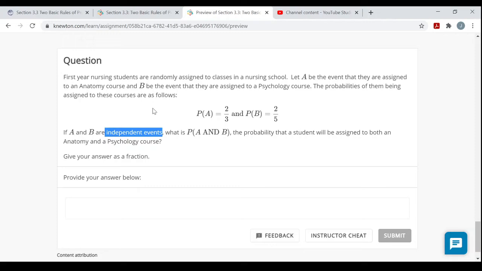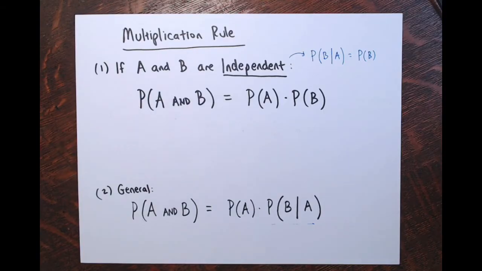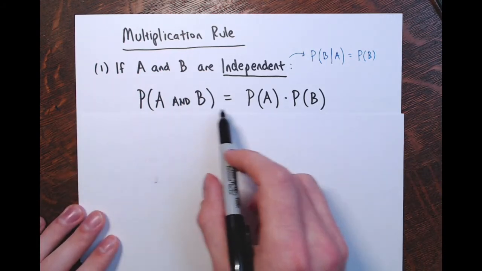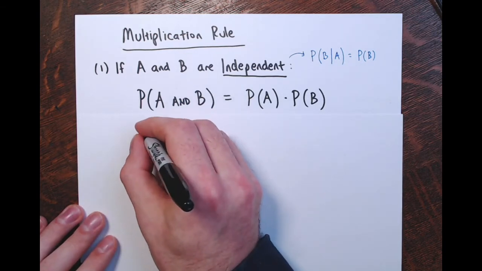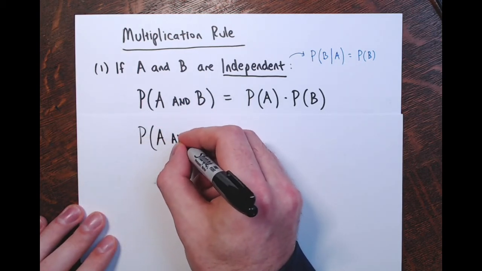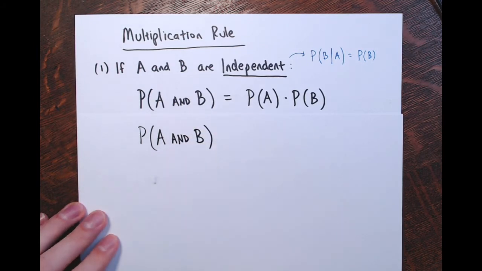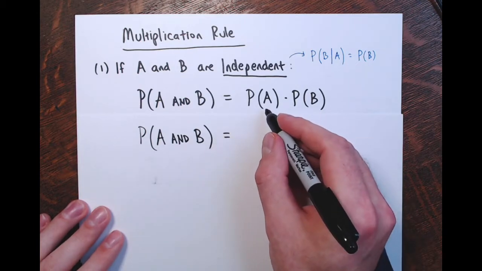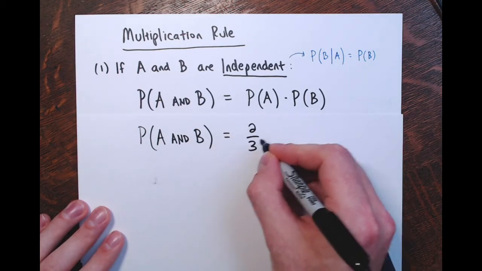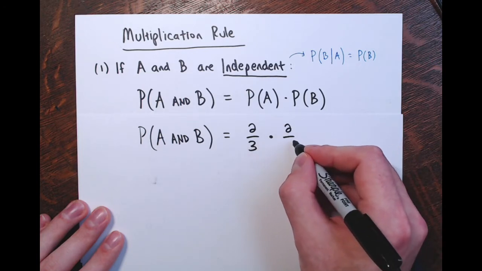If A and B are independent events, what would be the probability that a nursing student is assigned to both an anatomy course and a psychology course? That's A and B. Very simple. If you know the events are independent, the probability of A and B occurring, being in an anatomy course and a psychology course at the same time, would be equal to the probability of being in the anatomy course, 2/3, multiplied by being in the psychology course, 2/5.